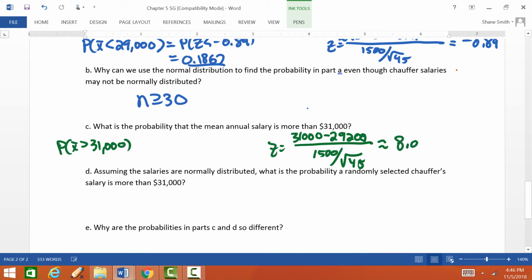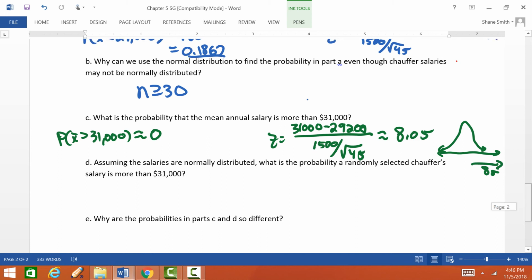And that's 8.05. So this is a very similar thing as the last one. If I try to draw this curve, 8.05 is not on your chart. The z-score is 8 standard deviations all the way over here. Greater than that, it's about 0. So that's another one that's about 0.